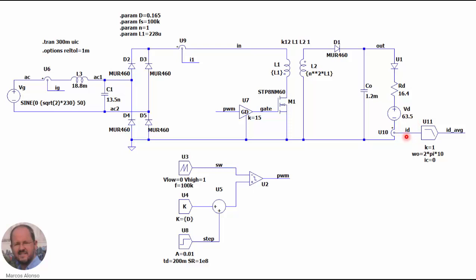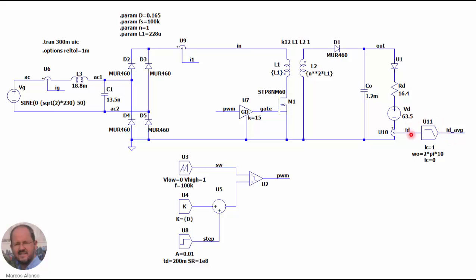And to better see the average value, we are using here a low pass filter with a gain equal to 1 and a cutoff frequency of 10 Hz. So here we are going to have something more similar to the average value of the current.